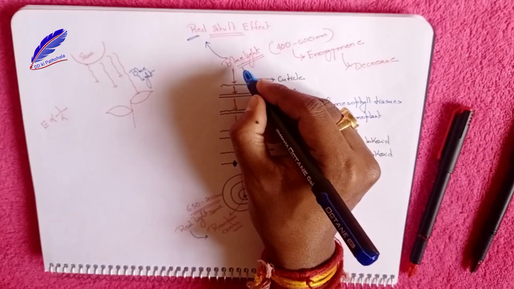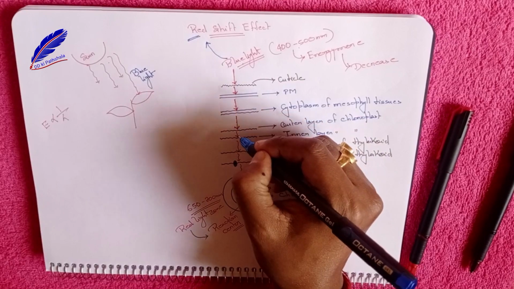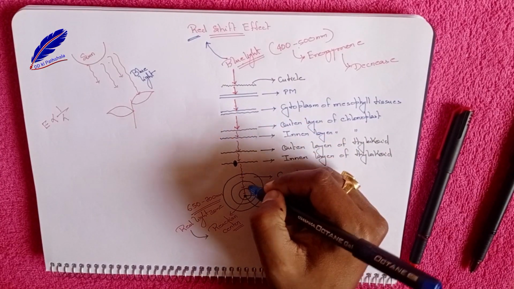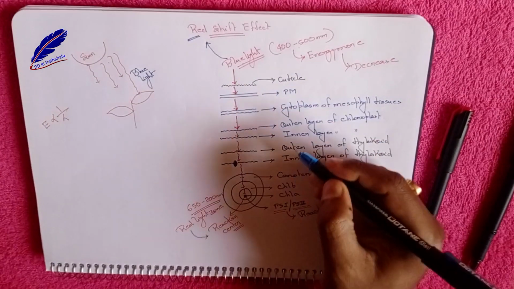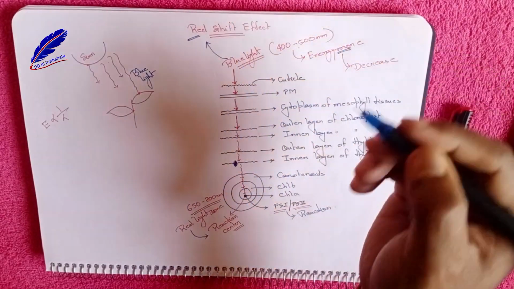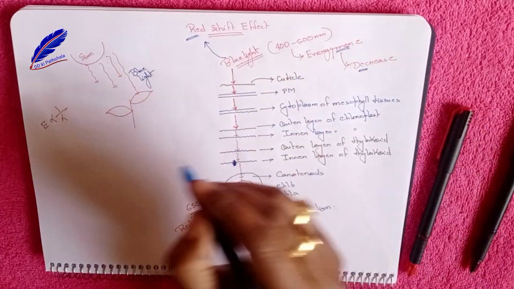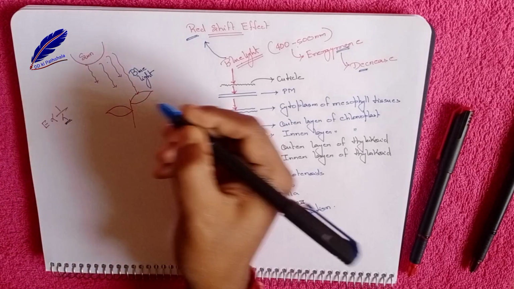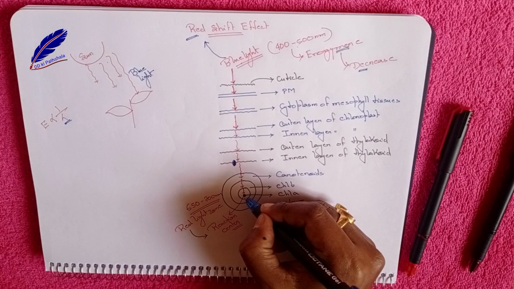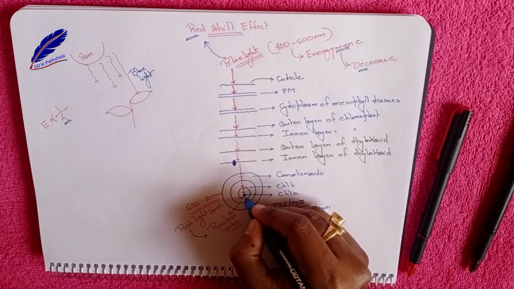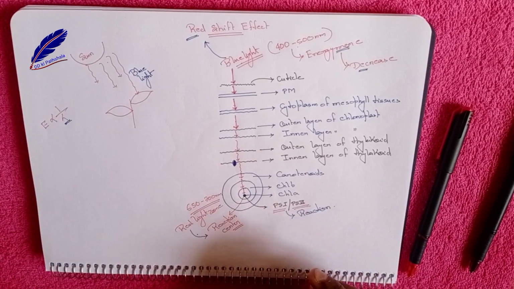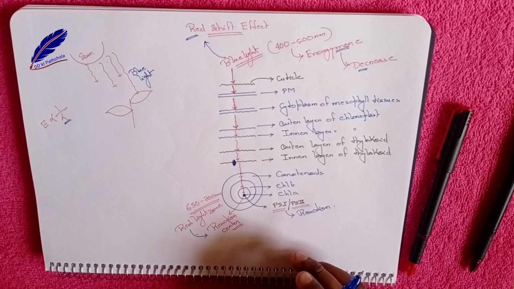How? When the blue light crosses different layers, it utilizes energy. When energy decreases, wavelength increases. So ultimately, when the blue light reaches the reaction center, its energy decreases to such an extent that the wavelength of light is equivalent to that of red light.